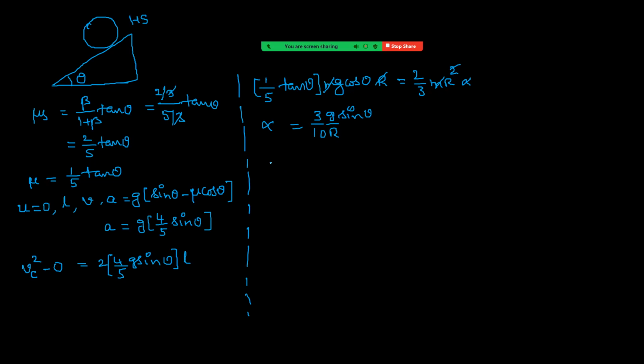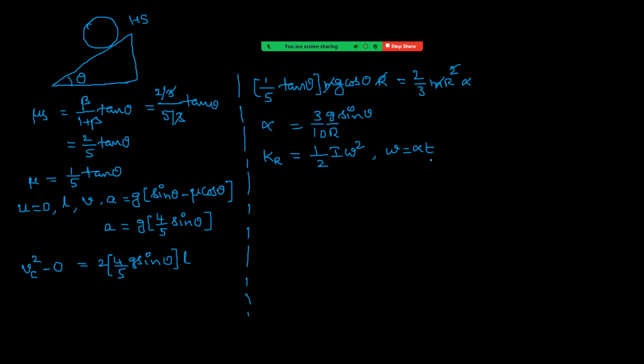So once it is known, I can write kinetic energy because of rotation, half I omega square, where omega equal to alpha t. Alpha is known, but t is not known. Half I omega square means alpha square t square.